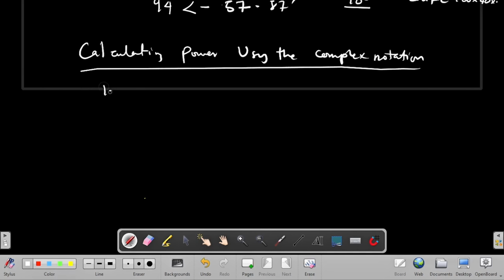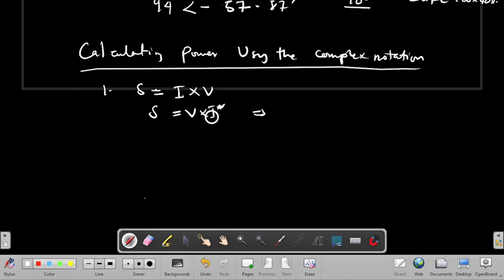The first is the total power, called the apparent power, represented as S. I said that the total power is always equal to the total current times the total voltage. When you want to apply the complex number approach, the total power S is given as V times the conjugate of I. So S equals V I star, where star represents the conjugate of I. So that is the technique.